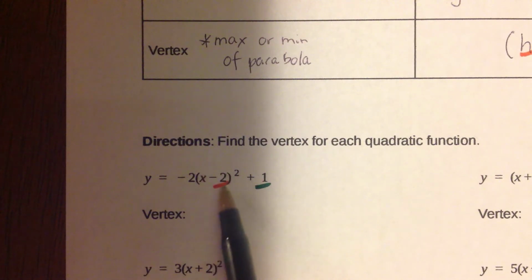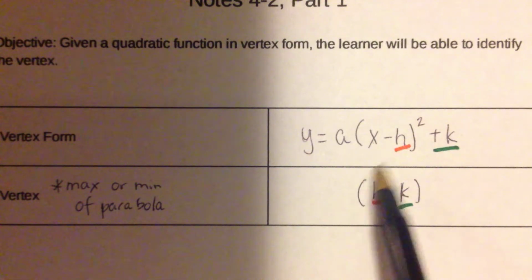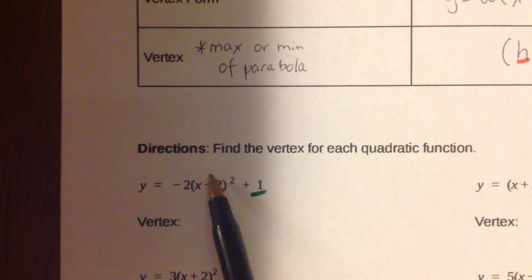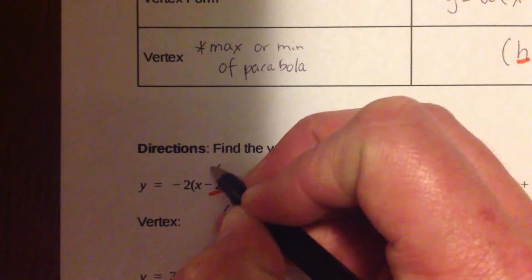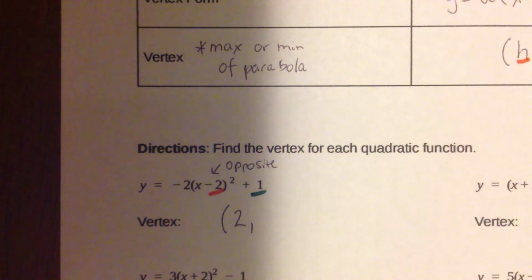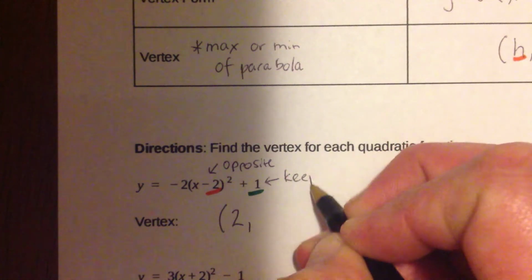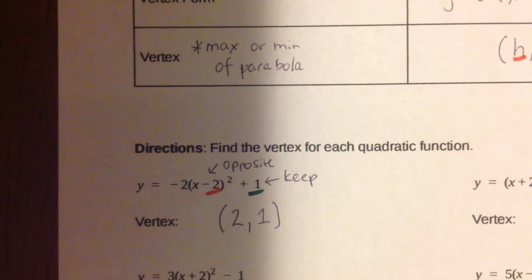The equation has minus h, so I want to take the opposite of the number inside the parentheses. So instead of negative 2, it's going to be positive 2. We're going to take the opposite of that one. This one right here we're going to keep. So since it's positive, we're going to keep it positive. The vertex is 2, 1.